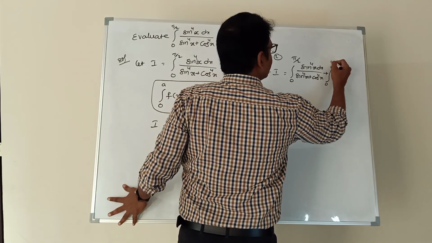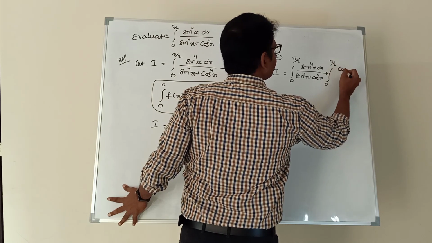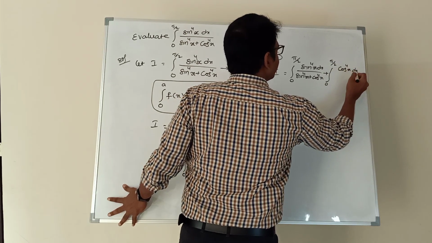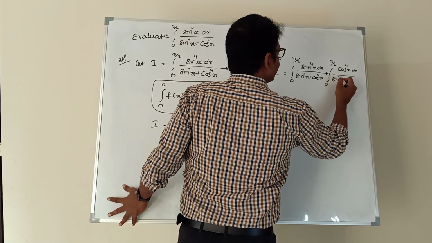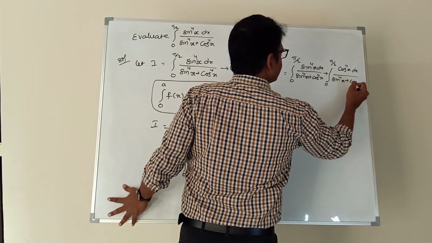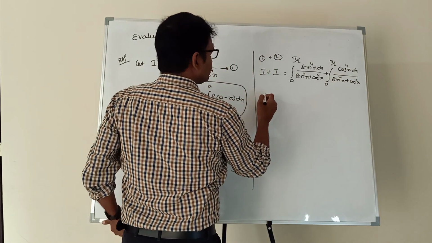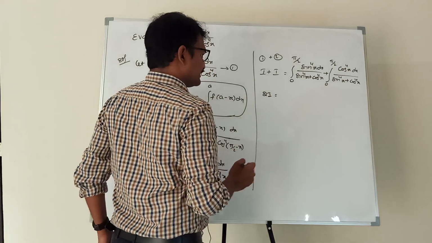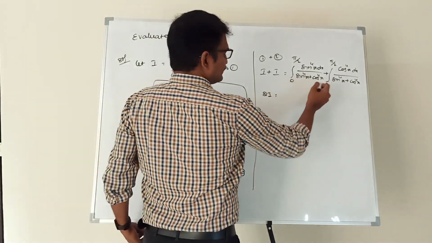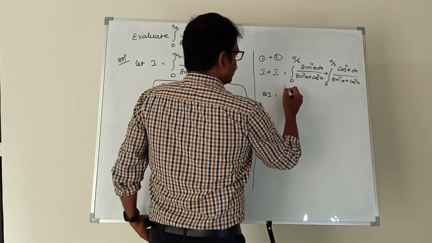The integral from 0 to pi by 2 of cos^4 x dx by sin^4 x plus cos^4 x. So 2I is equal to the integral from 0 to pi by 2, common.